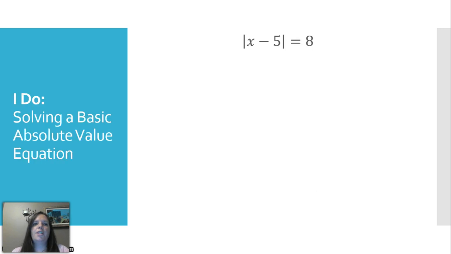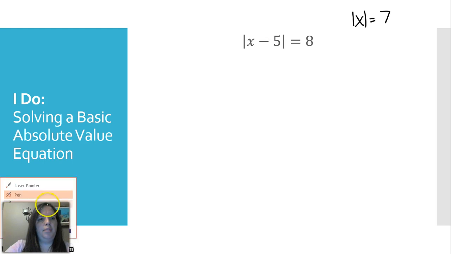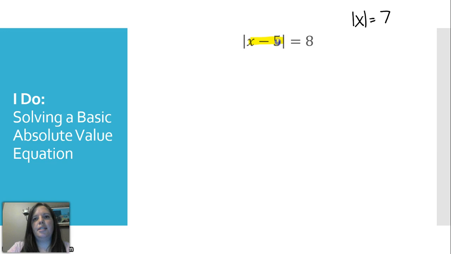Okay, so as far as solving basic absolute value equations, thinking about our example here, the absolute value of x equals 8. What has to be true? I want you to ignore this piece on the inside. I'm going to highlight this piece on the inside here.